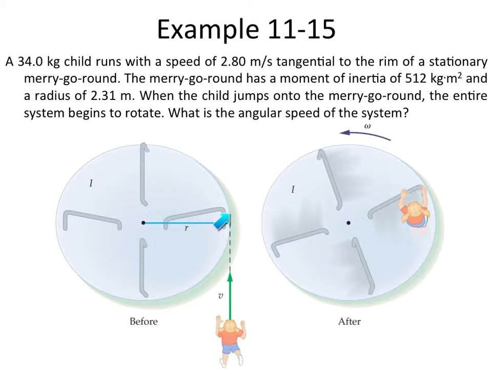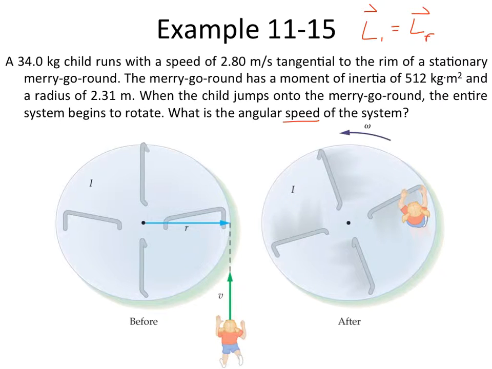So we're going to solve for the angular speed of the system, using the assumption that the initial angular momentum of the system is equal to the final angular momentum of the system, assuming no other forces.